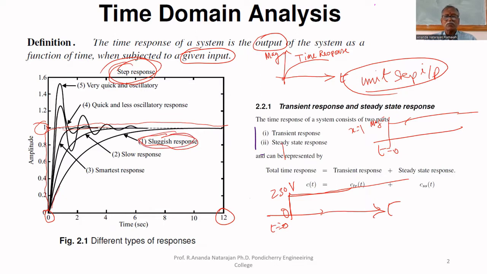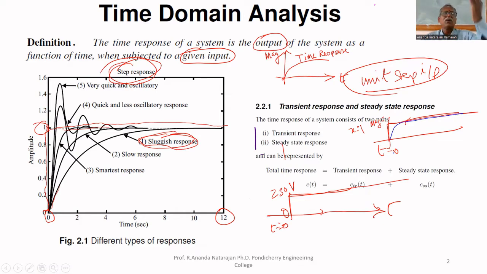You gave input 1 at t equal to 0, but the system output reaches 1 only after some time. That is natural.